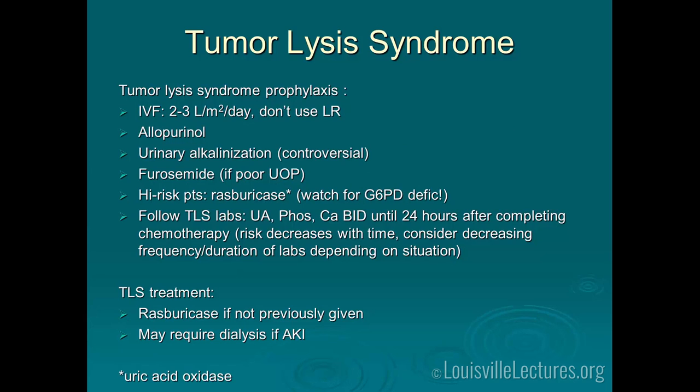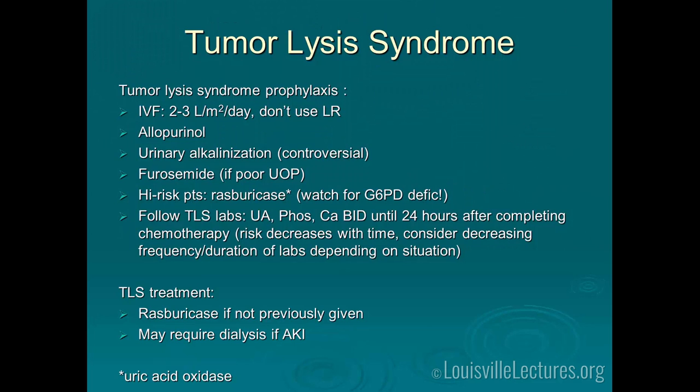In patients who are high risk, use of rasburicase, which is uric acid oxidase, can help reduce the uric acid levels quickly. But in patients who have G6PD deficiency, you have to be careful. It can cause methemoglobinemia. So in African American patients or patients of Mediterranean descent, you have to use this agent with caution. I typically follow the tumor lysis labs until about 24 hours after finishing chemotherapy.